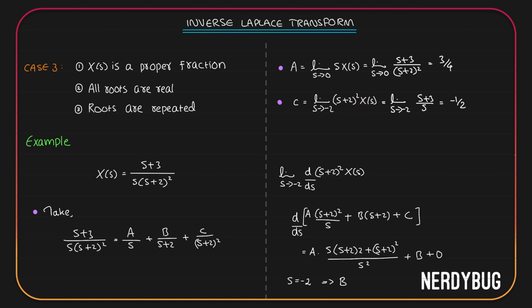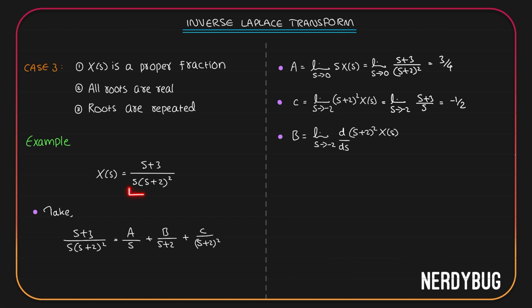But instead of directly giving the limit s tends to minus 2, first take the derivative of it with respect to s. X of s is given over here, s plus 3 divided by s into s plus 2 whole square. If you multiply it with s plus 2 whole square, this will be gone from the denominator and you get s plus 3 by s. So you need to take the derivative of s plus 3 by s with respect to s.